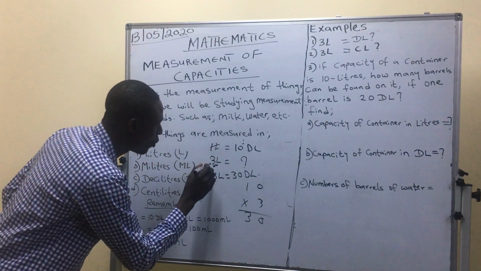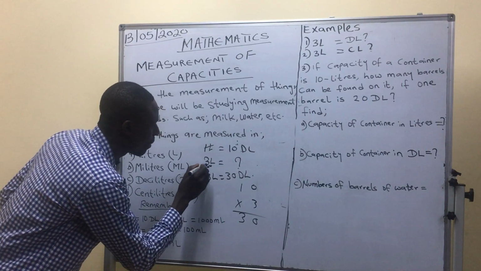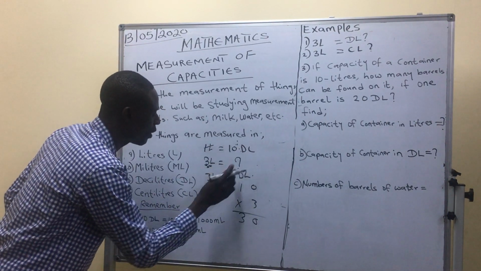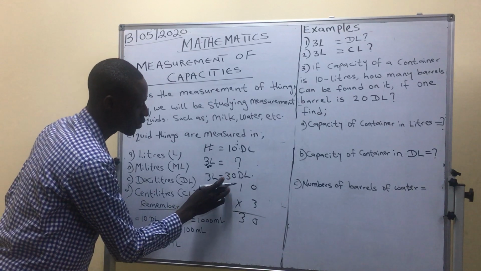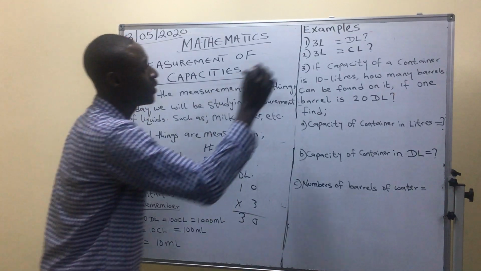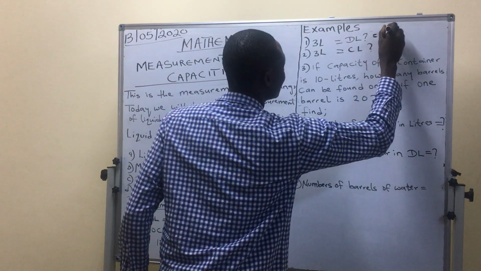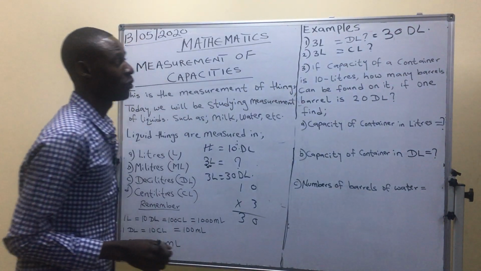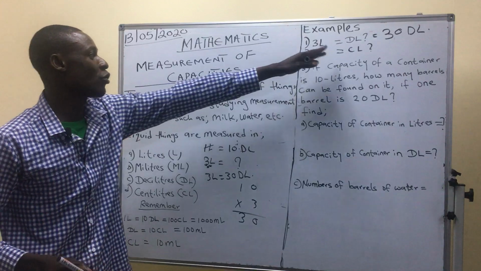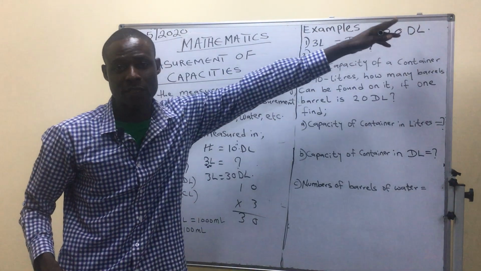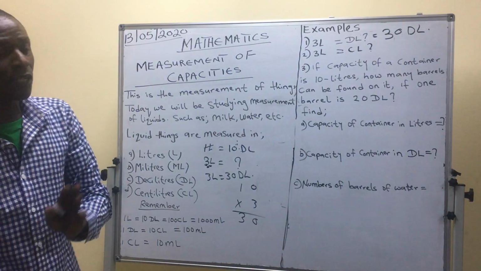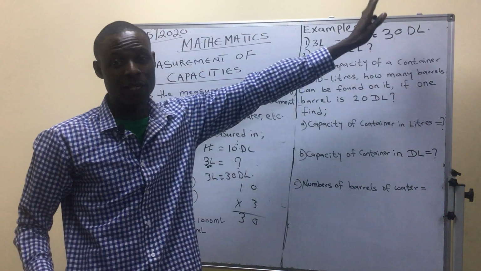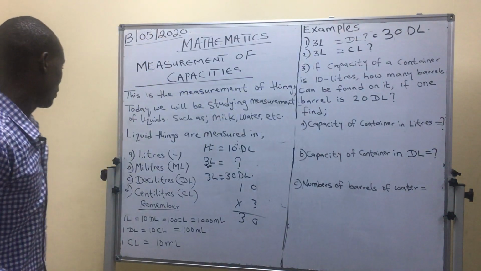Means you have to multiply 3 by 10. It will give you 30, which is your deciliters. So 3 liters is equal to 30 deciliters.